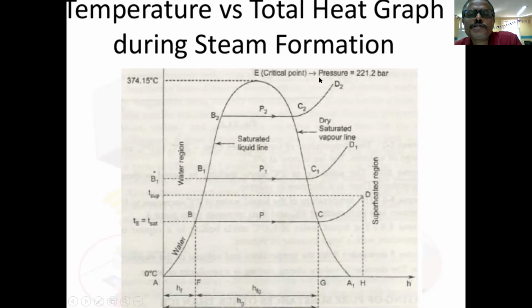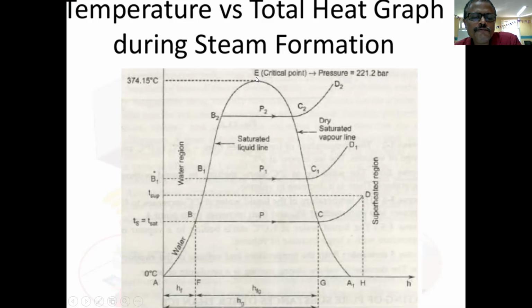Similarly, the critical pressure corresponding to critical point E is 221.2 bars. That means the pressure at point E is the critical pressure.